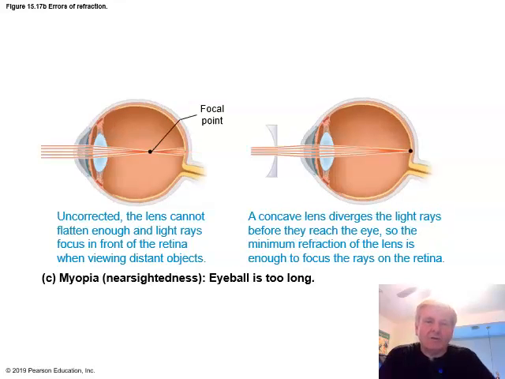In myopia, on the other hand, the eyeball is too long, so now their focal point is in front of their retina, uncorrected, so they've got blurred vision. Give them a concave lens, and that diverges, spreads apart the light rays before they reach the eye. So you need minimum refraction now of the lens, and that's enough to focus the light rays onto the retina. So now you can see clearly.